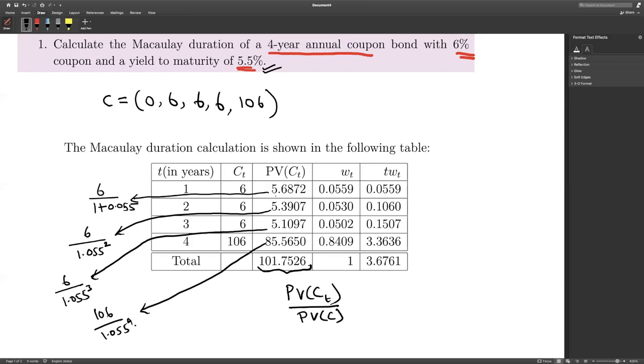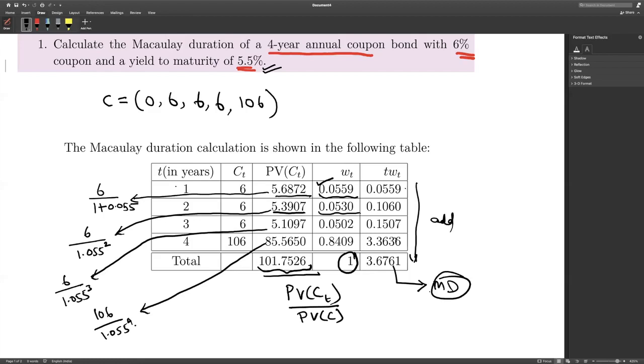Therefore, 5.6872 divided by 101.7526 gives us the first weight, 0.0559. Similarly, the second one divided by PV gives us the second weight, and so on. Obviously, if you add them all, you will get 1. And what is this one? This is 1 into, that is T into WT. You add all this, and that precisely gives you the Macaulay duration.